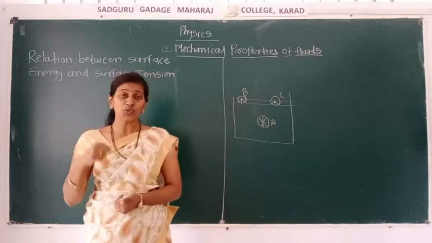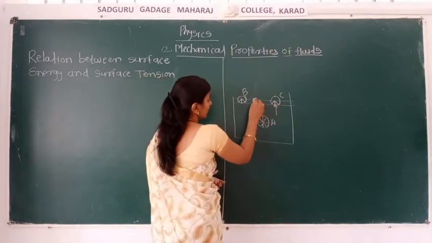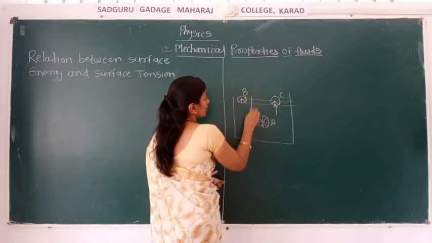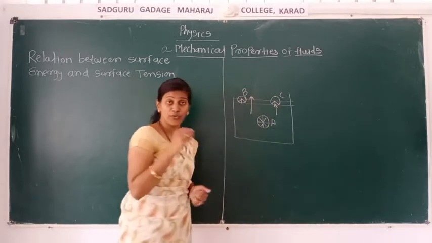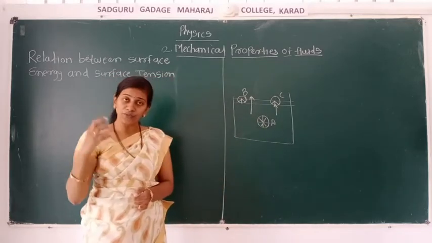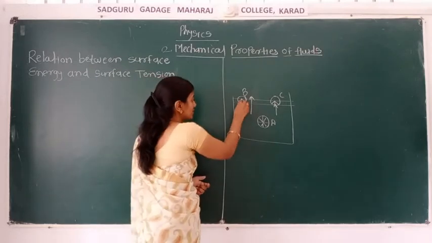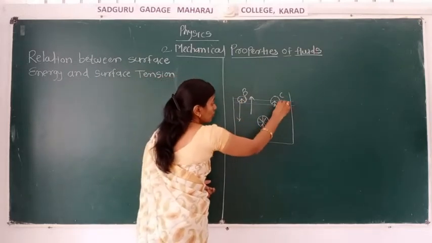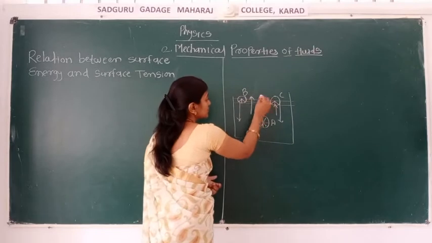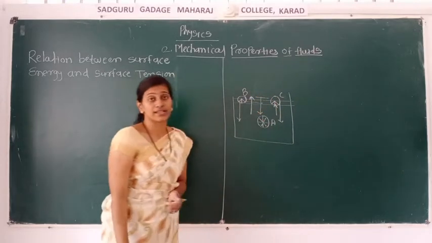So the molecules on the free surface have a force exerted by the liquid molecules, and that force tries to pull them inside the liquid. Because of that force, these molecules are coming inside the liquid.